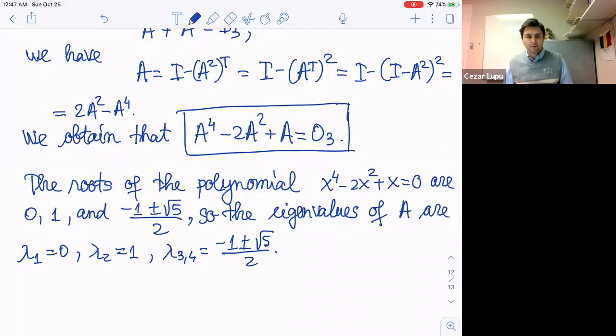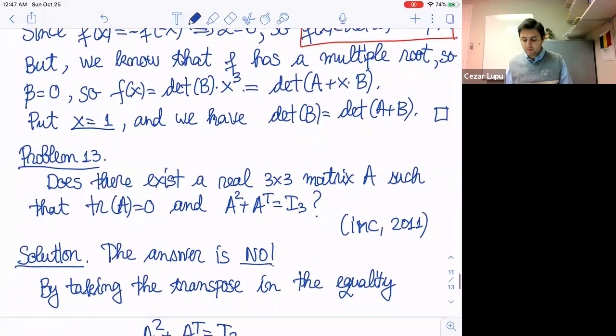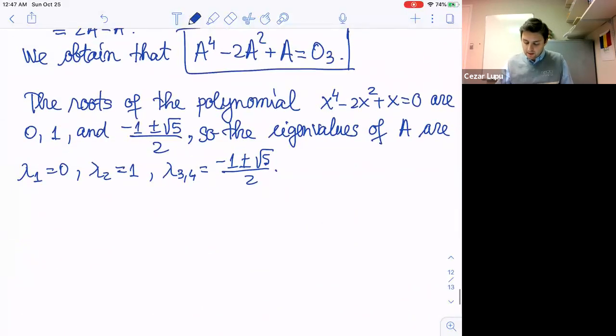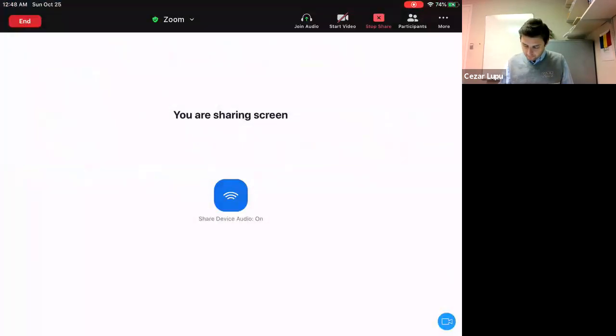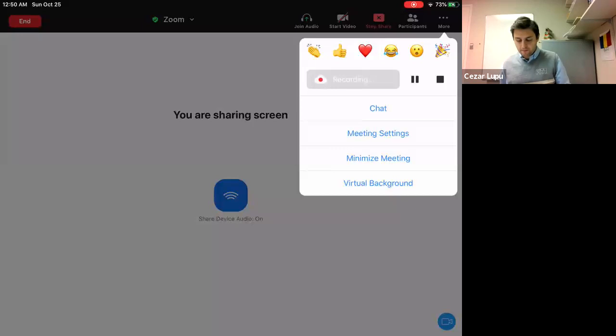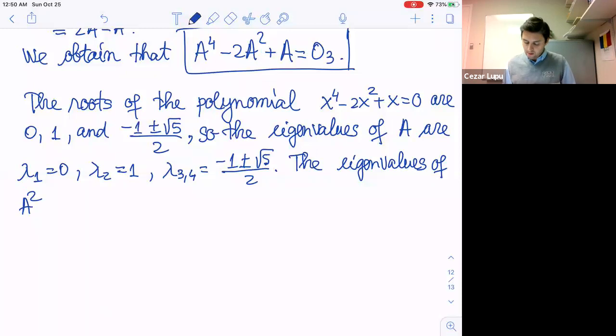And now I want to see what happens to the eigenvalues of A squared. By the spectral theorem, the eigenvalues of A squared will be the square root of this.